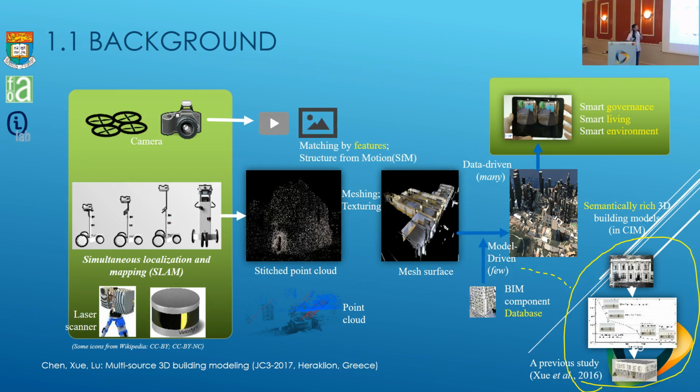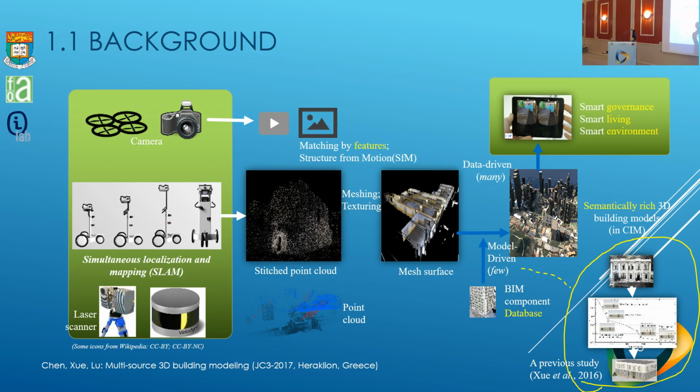So this is a general roadmap on how we can do it. This is the source. We have cameras, laser scanners, and we can produce the image point cloud. The final output is a semantic-rich building model, and we can do smart city applications.